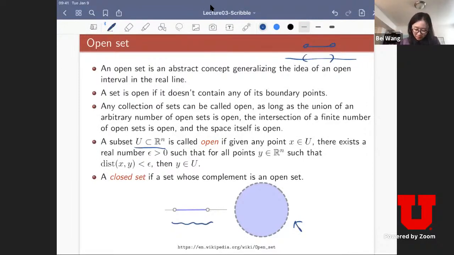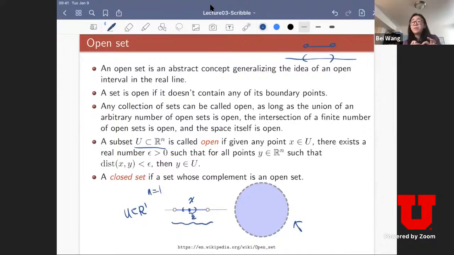For example, if n is equal to 1, U is an open interval of R1. It is open because if I choose any point x in here, there exists a neighborhood of radius epsilon such that every point with distance less than epsilon is also in this open set.